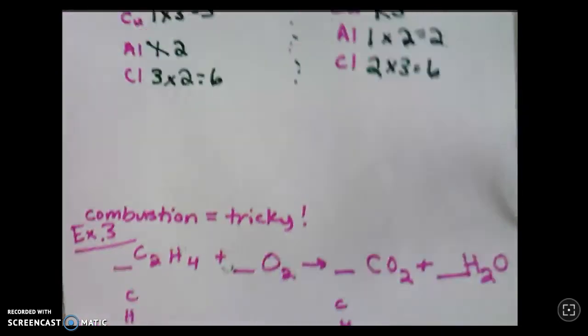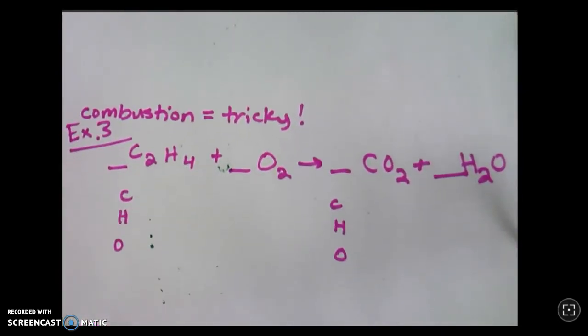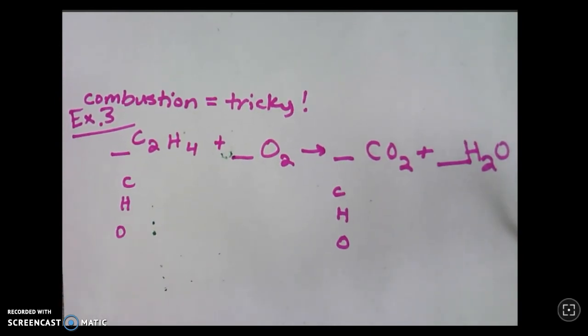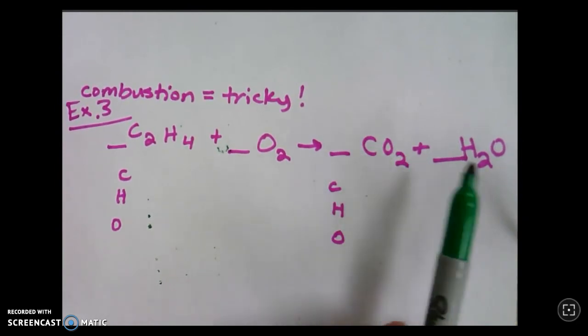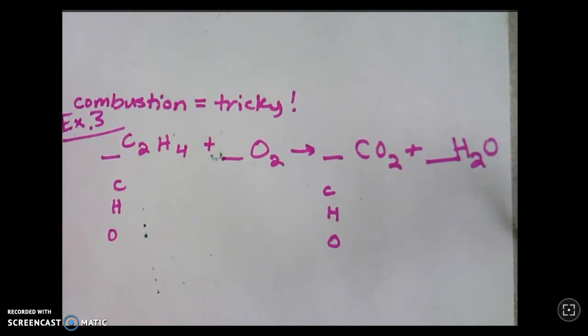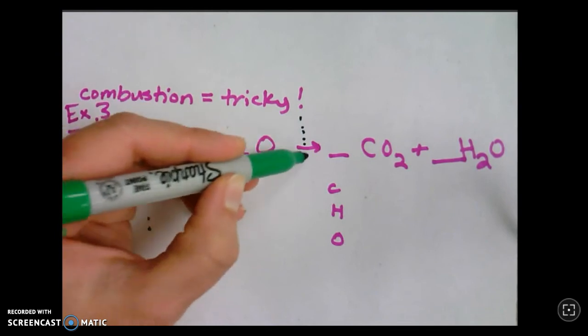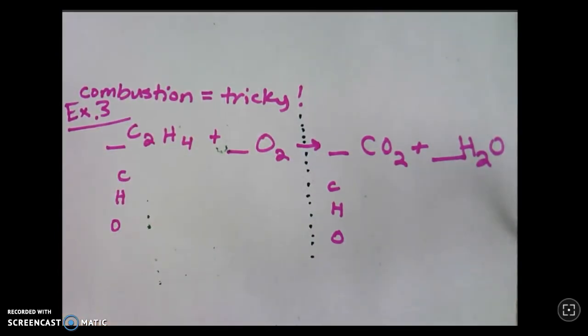Okay, this is the last example I'll go through, and I'll try to do this pretty quickly. But in general, combustions can be tricky because you have oxygen in both the carbon dioxide and water as your products. And so in class I might teach you guys a little trick to help you with combustion because there's a certain order that you want to balance things in. And actually, I wrote it out already naturally in that order because I'm so used to doing it.